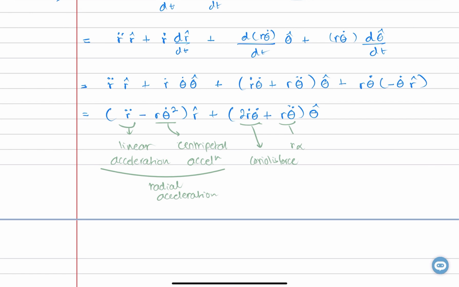And this is a fictitious force in the sense that it appears in rotating coordinate systems. This is not a real force. So I hope you're aware of what fictitious forces are from Newton's laws. And this will play an important part when we're dealing with rotating coordinate systems, because in rotating coordinate systems, both r dot and theta dot are present.